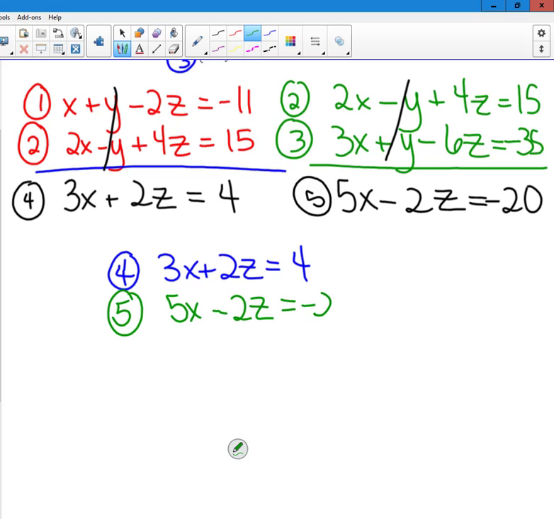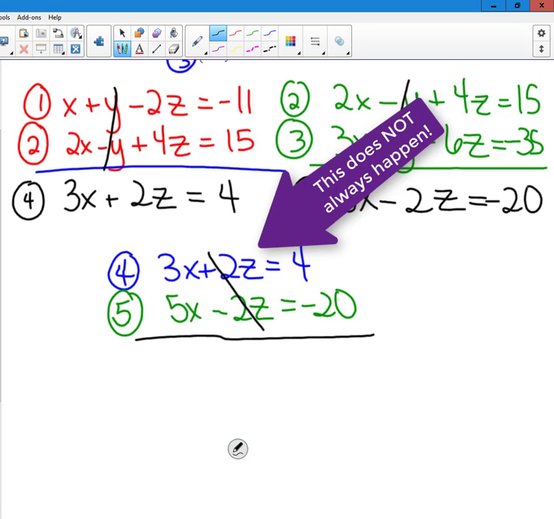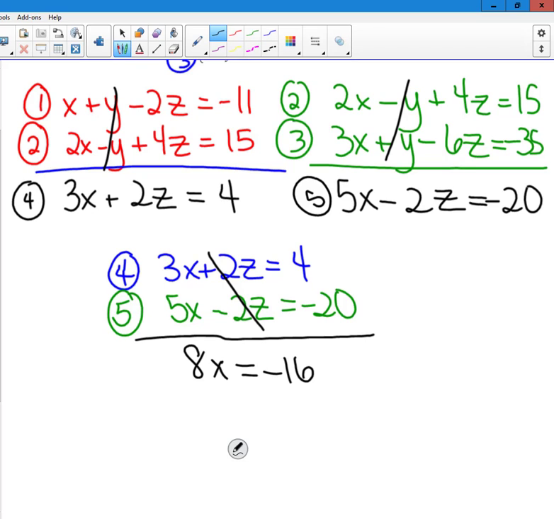This happens to work out really nicely in that the z's already have opposite coefficients, so they can be eliminated quickly. That will not always be the case, and you'll see today or tomorrow in class as you're practicing, that won't always happen. But in this case, it's fairly convenient that they canceled.